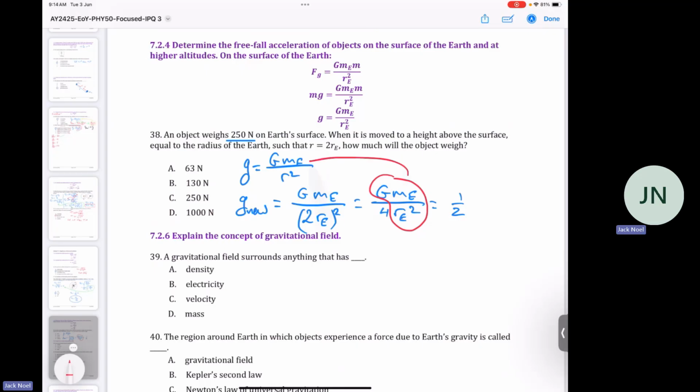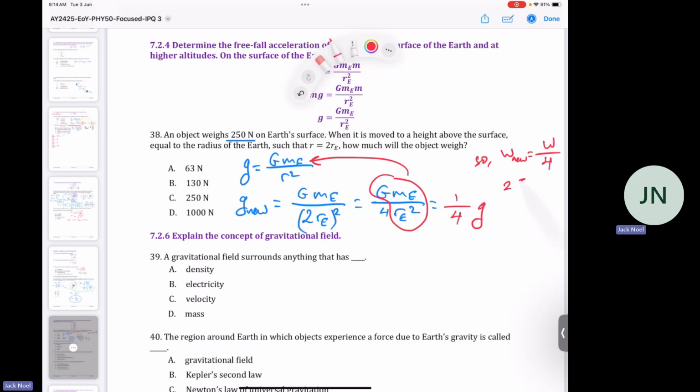This is nothing but G. So 1/4 of G. It means that if acceleration due to gravity decreased 4 times, the weight also decreased 4 times. So the new weight equals the old weight divided by 4.